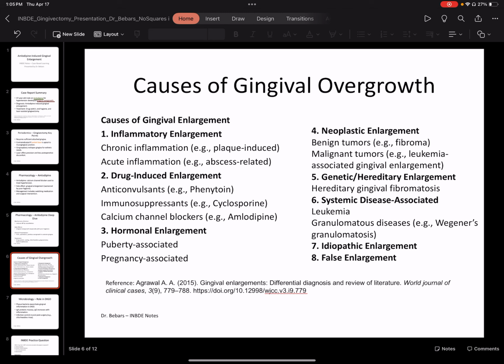It can be drug induced, which is the important point we need to memorize: anticonvulsants, immunosuppressants, calcium channel blockers, not beta blockers. It can be hormonal, neoplastic, genetic, systemic, idiopathic, also vitamin C deficiency, and it can also be false due to bony swelling, not gingival swelling.